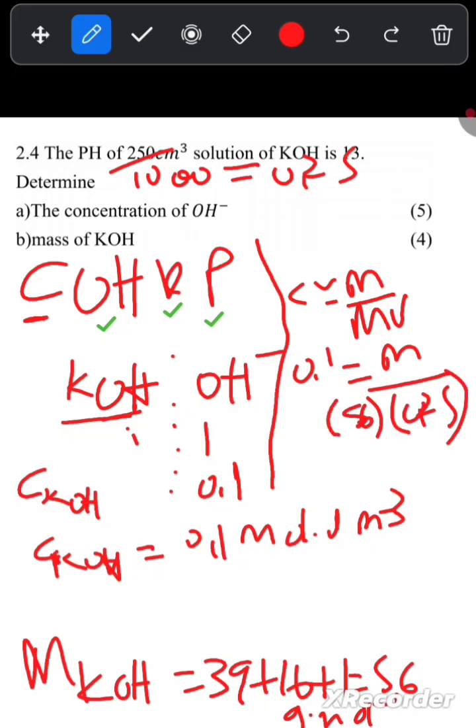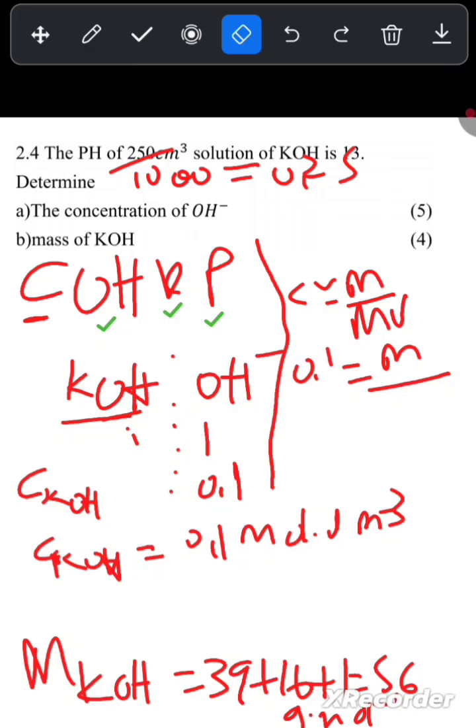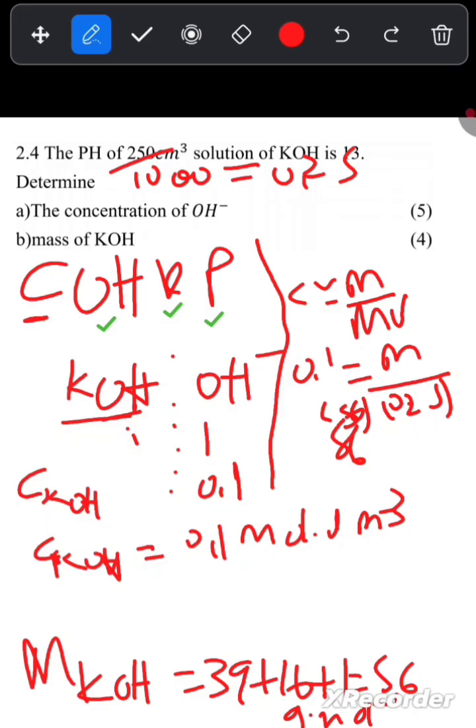So we substitute there and cross multiply. This is 56, 56. Then we cross multiply.